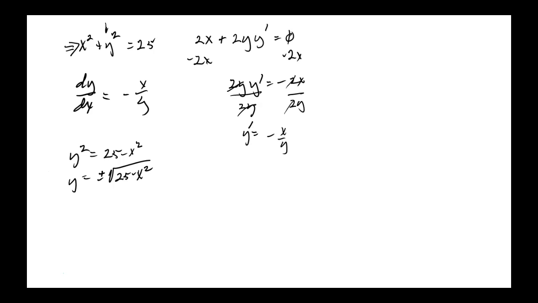I should have been saying a function. That would be a function, or that would be a function. But for any x, you can get two possible y's. You get a plus or a minus. So that's not a function itself, but either half of that is a function. Top or bottom half.